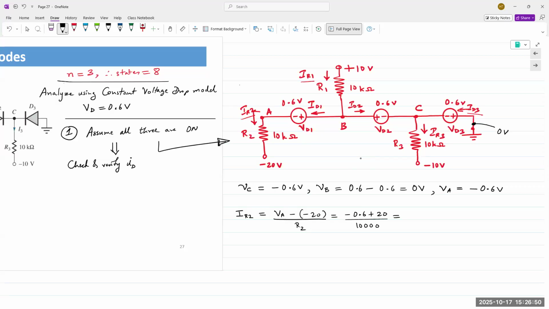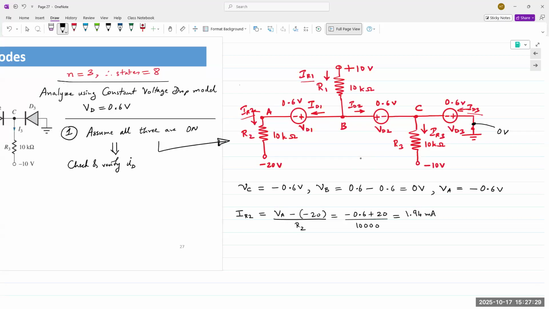Calculators out. Solve it as we go along. Tell me what values you find. So 20 minus 0.6 is 19.4, 19.4 divided by 10,000, so 1.94 milliamps, right?